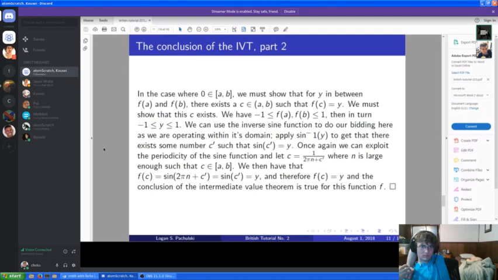We then have that f of c equals sine of 2 pi n plus c prime equals sine of c prime equals y. Therefore, f of c equals y, and the conclusion of the intermediate value theorem is satisfied for this function f.